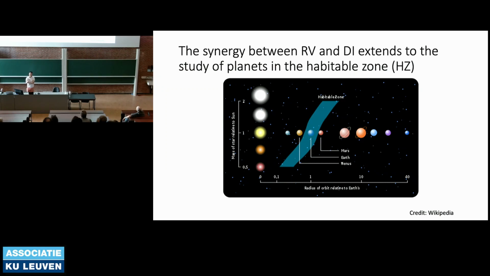So for planets in the habitable zone of low-mass M stars, the orbital period is usually like 10 or 15 days, short enough to be detected by radial velocity, because radial velocity is sensitive to short-period planets. And with the advent of ELTs, which provide high angular resolution imaging, those habitable planets around M stars can also potentially be detected by direct imaging. So you can actually study the habitable planets around M stars using both techniques. I will explain in more detail why that is the case.